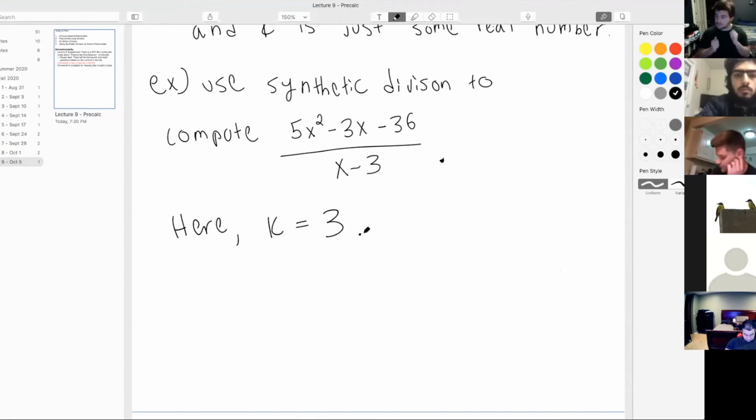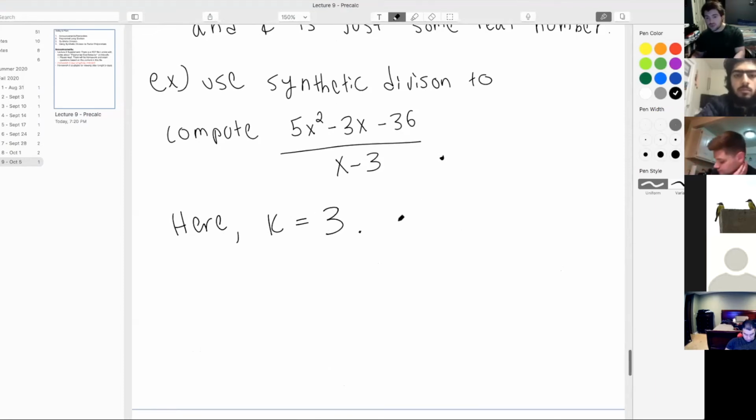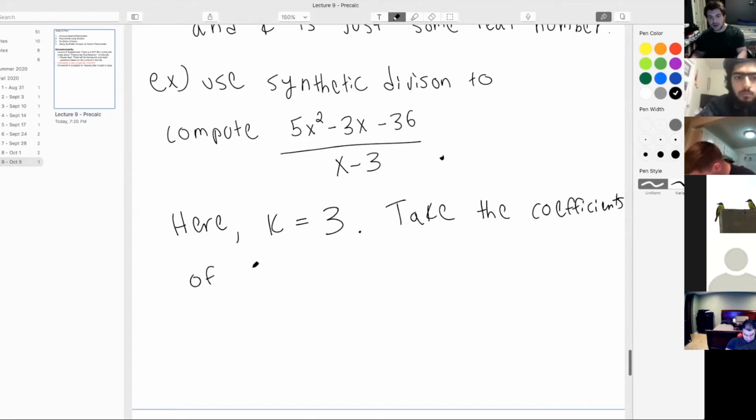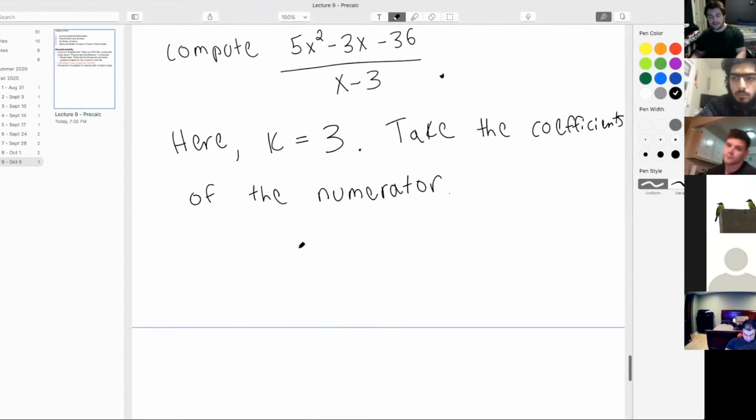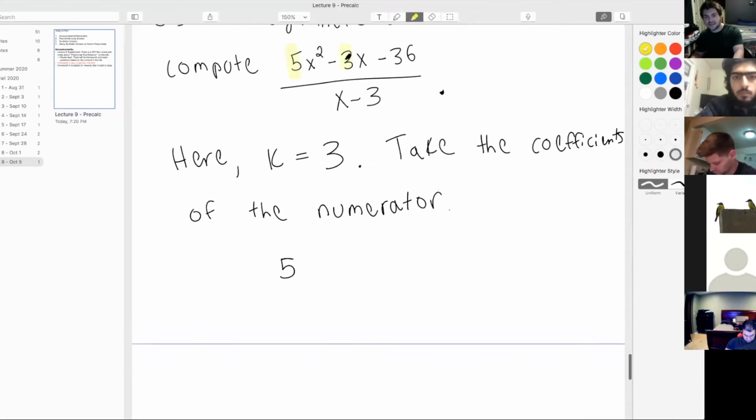Let's make note of that. What you do is you take the coefficients of the numerator, and you write them in a little array like this. The coefficients are 5, -3, and -36.